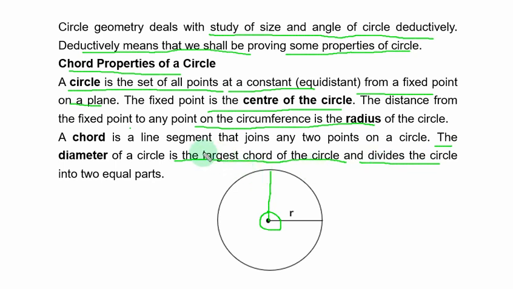It is the largest chord because it passes through the center of the circle. So diameter is the largest chord. We have other chords in the circle, but the largest one which passes through the center has a special name, and it is the diameter.